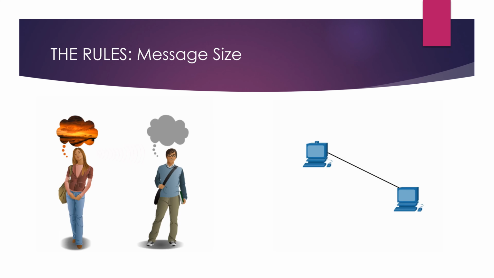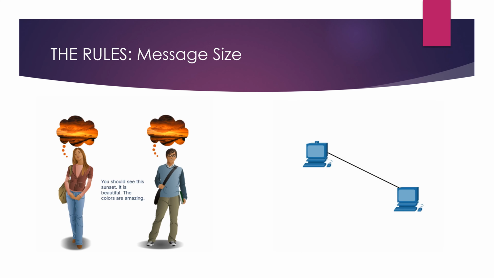If the girl is trying to explain the sunset to the destination, he cannot understand if she gives him the whole message. But if she uses short sentences in this case, he is able to understand what she is trying to say.